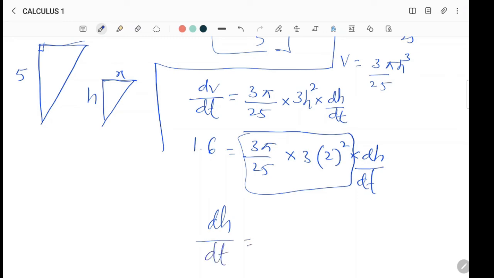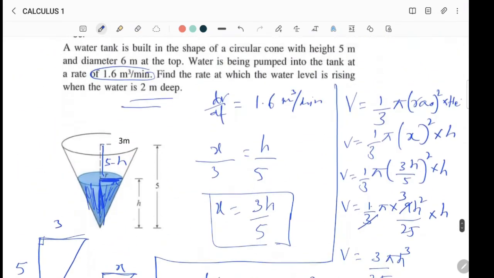So dh by dt equals 1.6 over 3 pi over 25 times 3 times 2 square, which is 0.3536 meter per second, right?